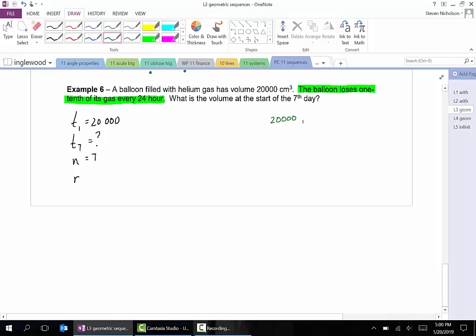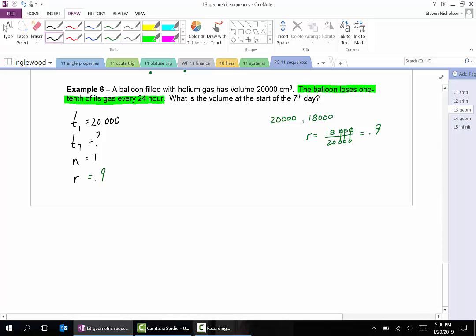And if it loses 1/10, it's going to lose 2,000. It's still going to have 18,000. And remember how we figure out our common ratio? It is the second number divided by the first number. And when you look at 18 over 20, that's 9 over 10, or 0.9. So the common ratio is not 1 over 10, it's in fact 9 over 10.